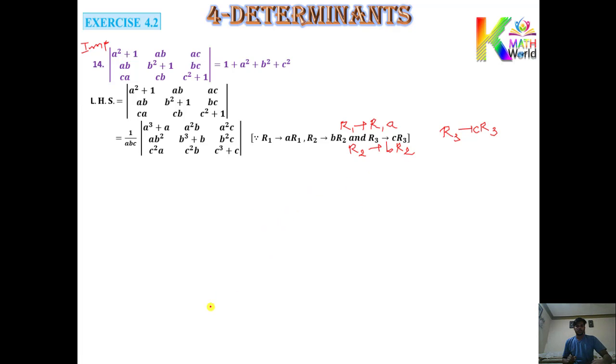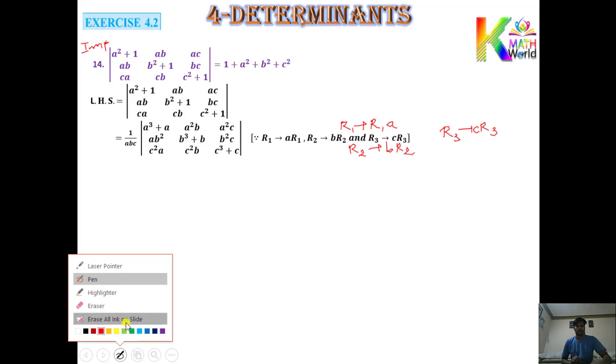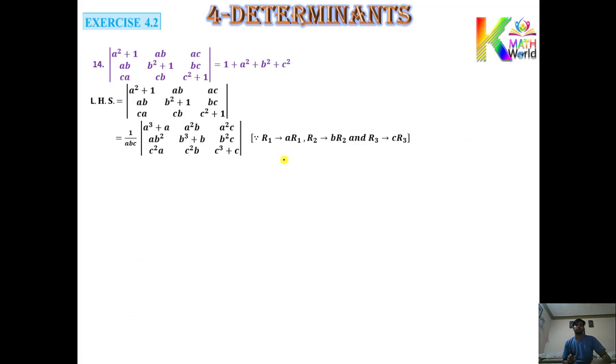So using that operation, we know that when we multiply any row or any column by any element, the value of the determinant gets multiplied by that element.